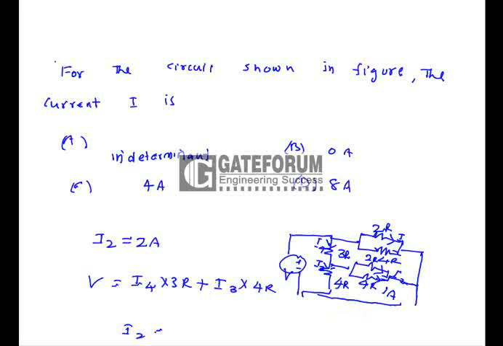I2 equals 2 amps, I3 equals 1 amp, I4 equals 4 amps. If we substitute, V equals 16R, so I is 16R divided by 8R, which is 2R. Hence option D is the correct answer.